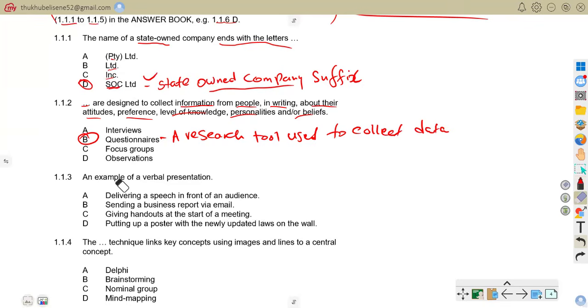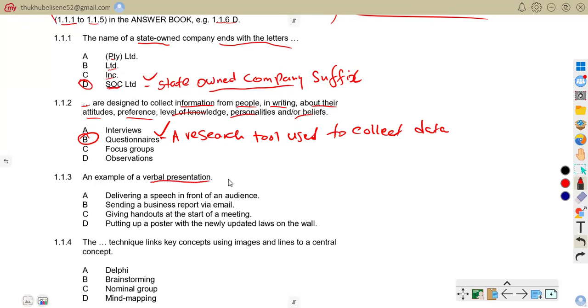Data. Through what? Through questionnaires. So the correct answer is what? Questionnaires. That is that. So let us move on to 1.1.3, an example of verbal presentation.